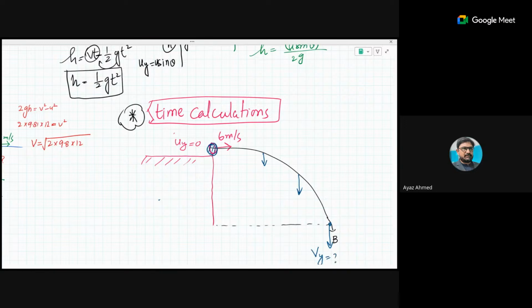And one question: the time which is taken to drop this height, isn't it the same as the time to cover this horizontal distance? So this is the vertical time, TV is the vertical time, and this TH is the horizontal time. So can I simply say that vertical time is equal to horizontal time?